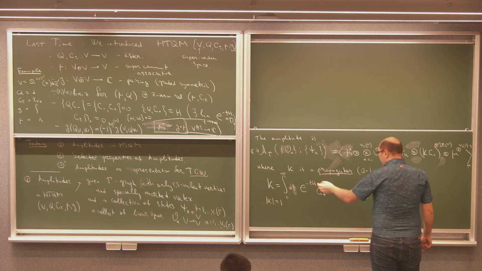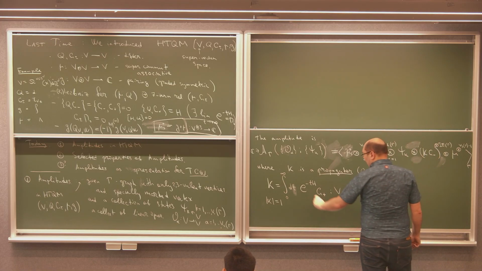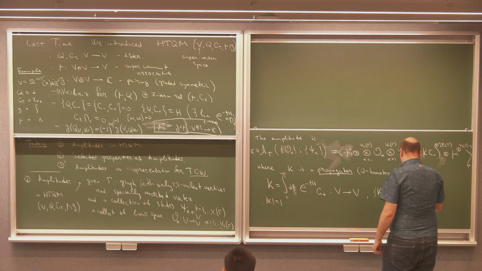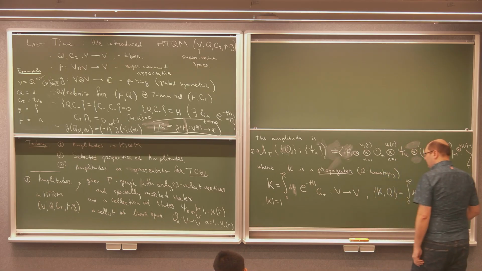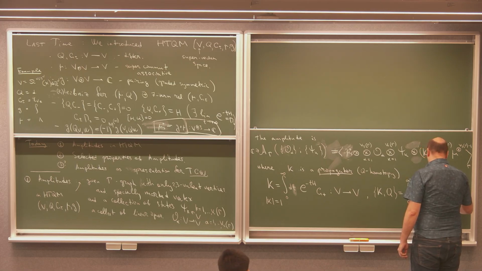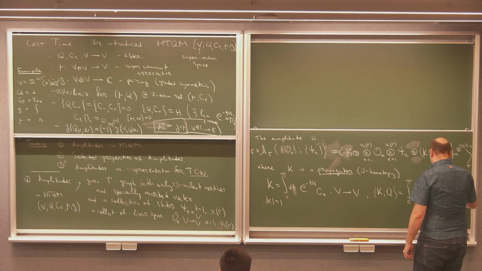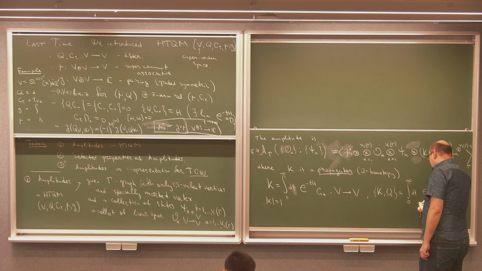So here, if I perform this anticommutator, I can pass Q through this e to the minus tH, and what I get is e to the minus tH, and here we get the commutator of Q and G plus, which is again H, and what I get in here is an integral of the total derivative.